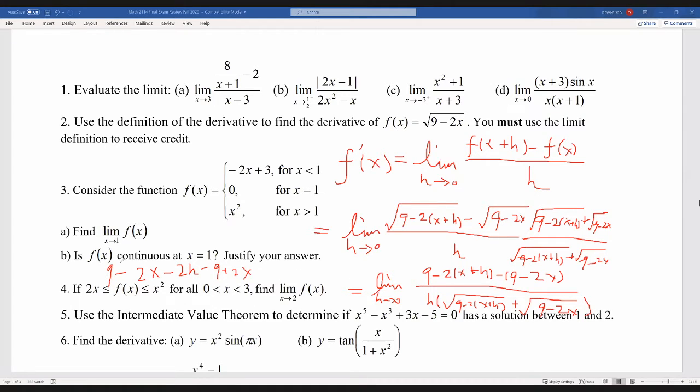So you can cancel a lot of things. 9 minus 9 is gone, and then negative 2x plus 2x is gone. So you have only negative 2h left. This is nothing but negative 2h.